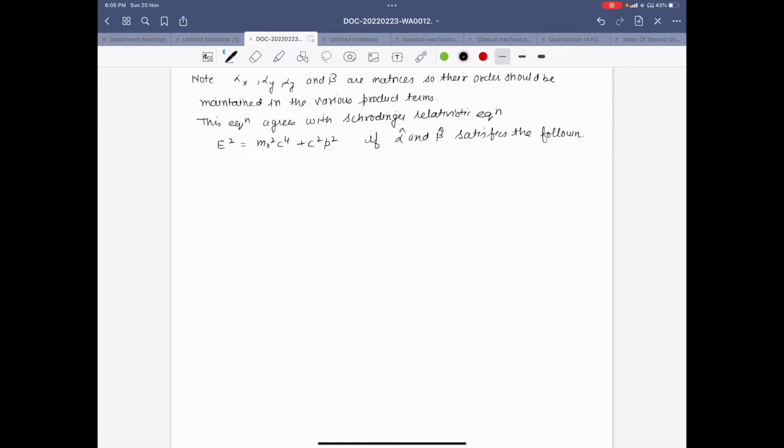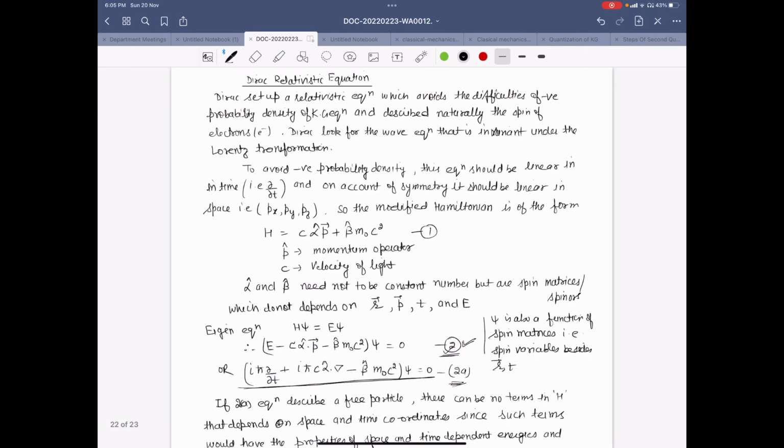Following relations. First one is alpha x square, alpha y square, alpha z square is equal to 1. So what is here is how you will get this equation from your equation number 3.